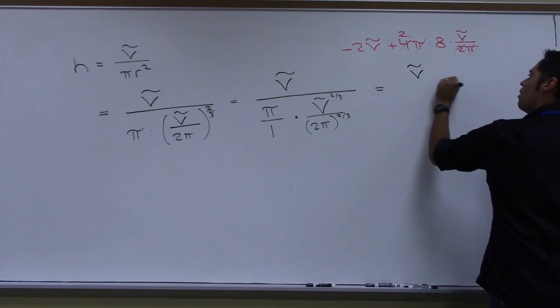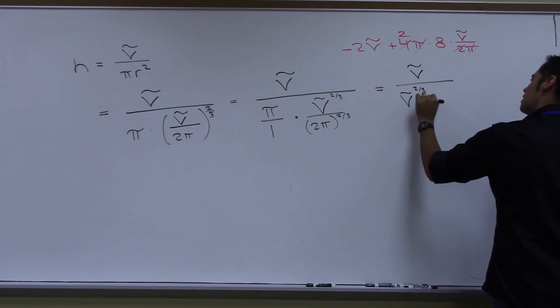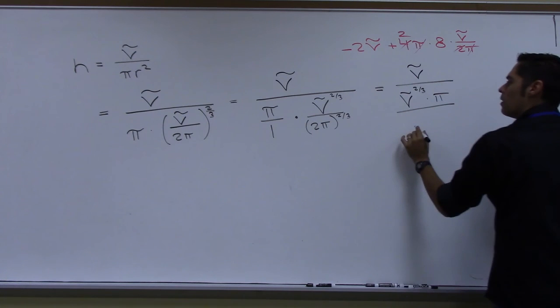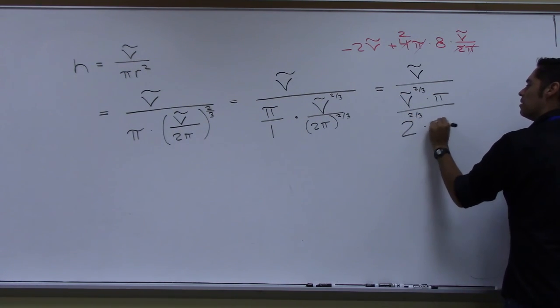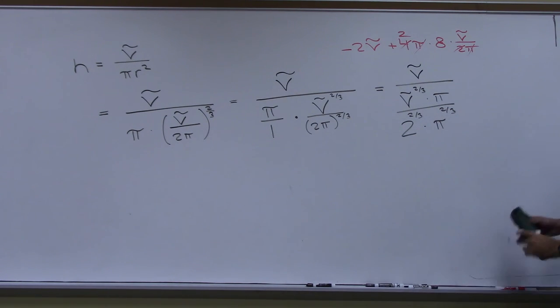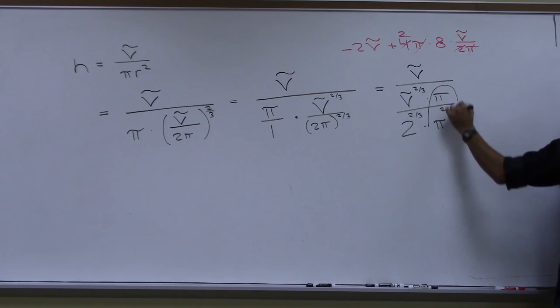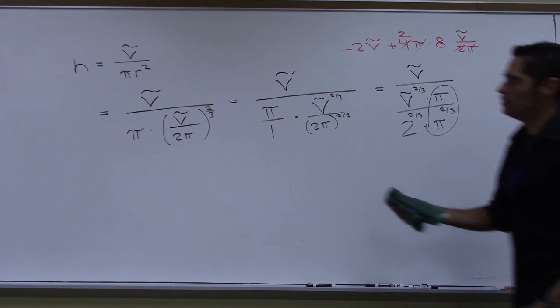V tilde over, straight across here, v tilde to the 2/3 times pi, but then over, look, 2 to the 2/3 times pi to the 2/3. What do I do there? Split this up. Now, I only did that so that I could put this together. What's pi over pi to the 2/3?